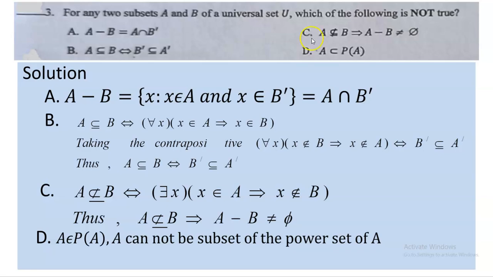So this is not true, because A by itself is an element of the power set of A, not a proper subset, because A is an element now. So the right one is this one, but what has been written there is the proper subset. So the one which is not right is D. So the answer is going to be D. I hope everything is good for you.